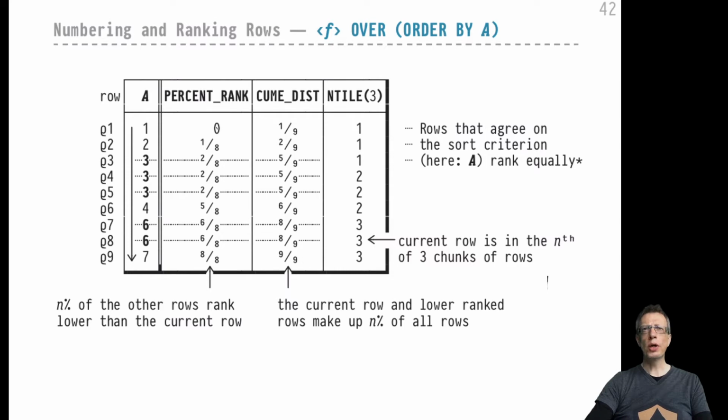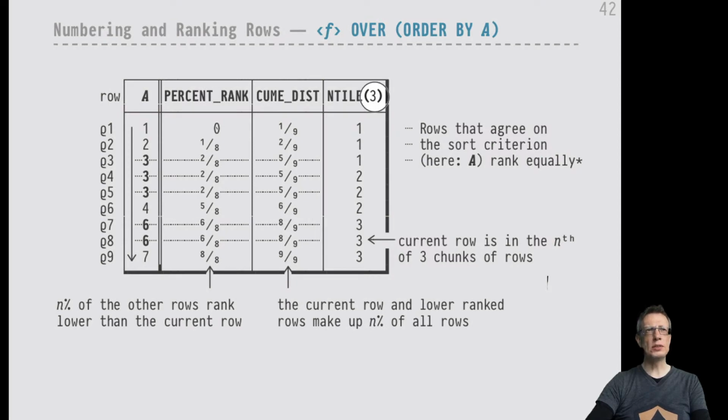Okay, and then there is the NTILE function, a function that lets you look at the collection of rows inside a table at a very well-defined granularity. The granularity is actually defined by this parameter to the NTILE function. So group the rows into n tiles.